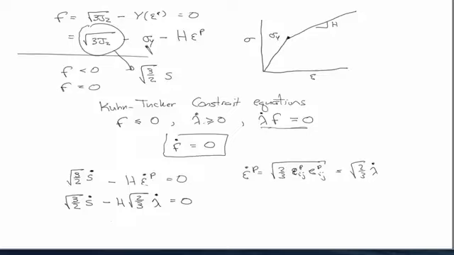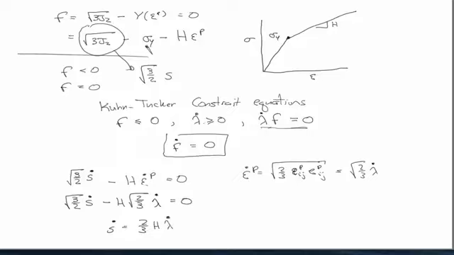Now you can see if I multiply both sides of the equation by the square root of 2/3, the first thing becomes 1, and this just becomes 2/3. So then I have S dot is equal to 2/3 H lambda dot.